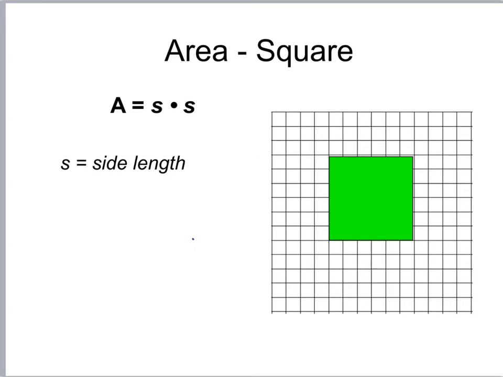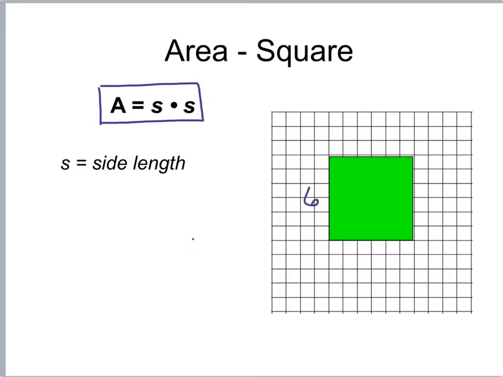All right, let's start by looking at calculating the area of a square. So the formula for the area of a square is to take the side length and multiply it by the side length. And we know for a square to be a square that each side must be the same length. So in this example, the side length is 1, 2, 3, 4, 5, 6 units by 1, 2, 3, 4, 5, 6 units.